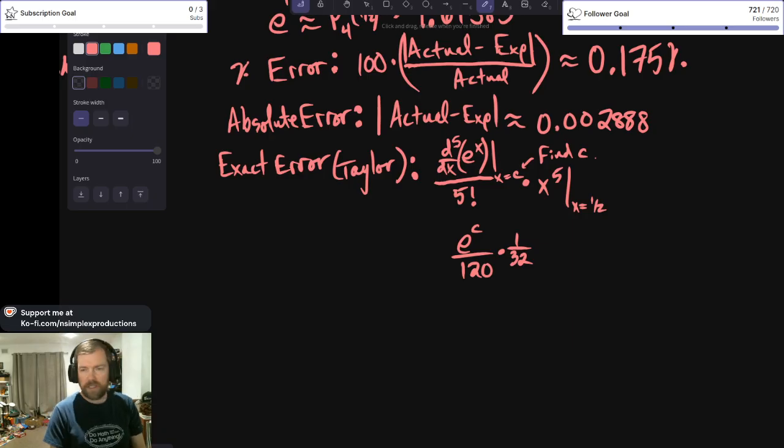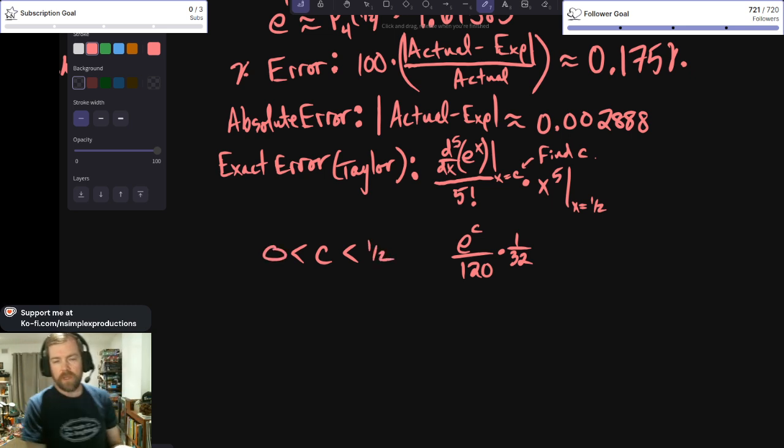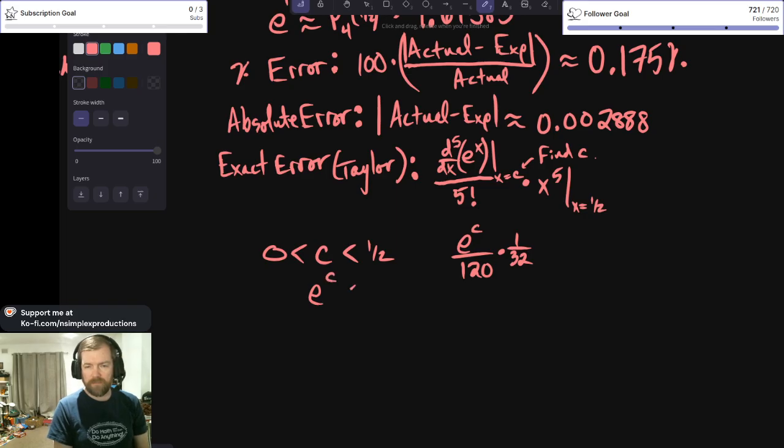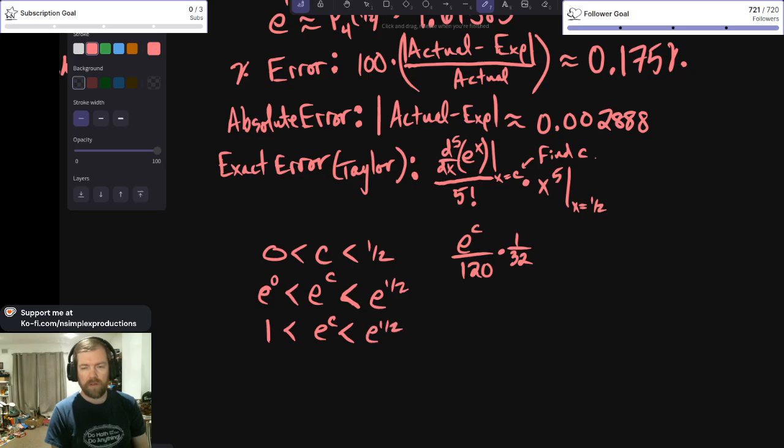And we said that c needs to be between 0 and 1/2. So then e to the c, because e to the x is a 1-to-1 function, we can just utilize e to the 0, which is 1.